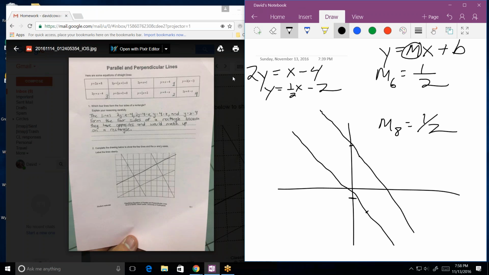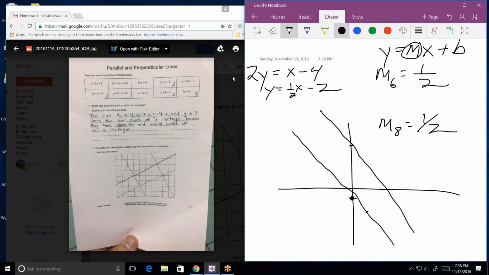Now, where do I begin graphing that? At negative 2. Okay, that was this point right here. And how do I get a slope of 1/2? Positive. You go up 1 and left 2.